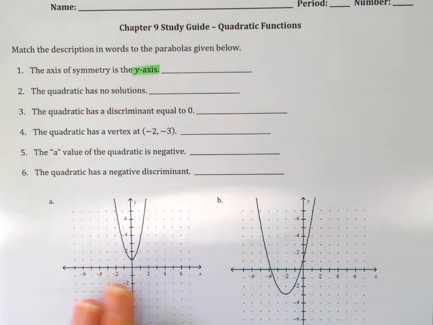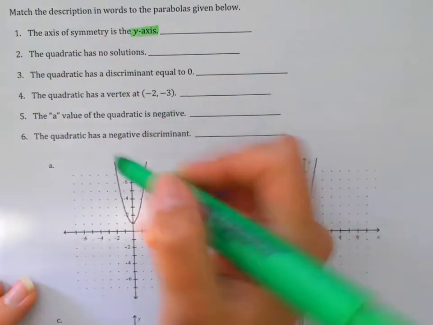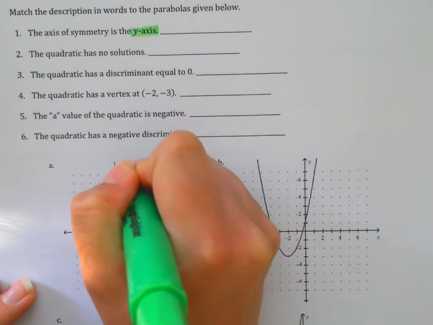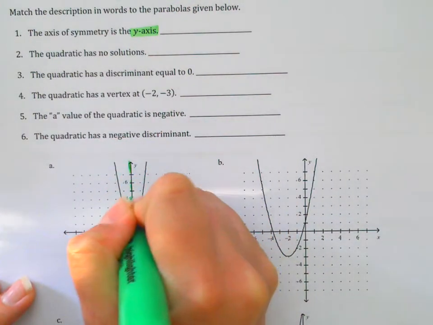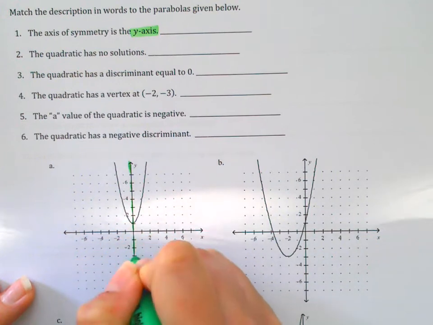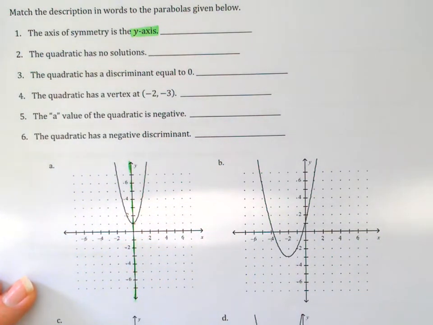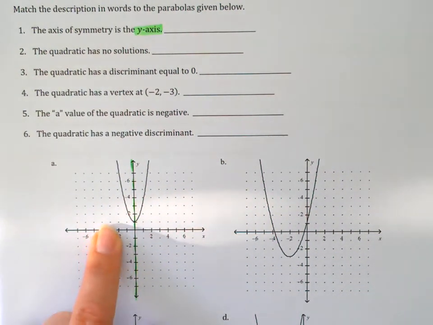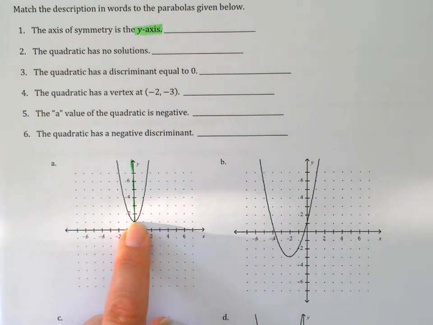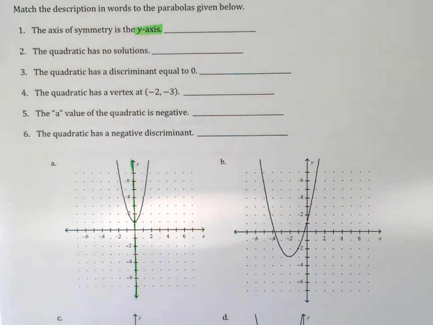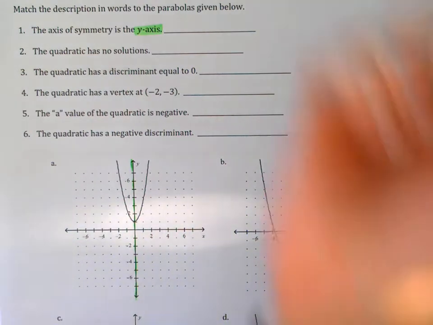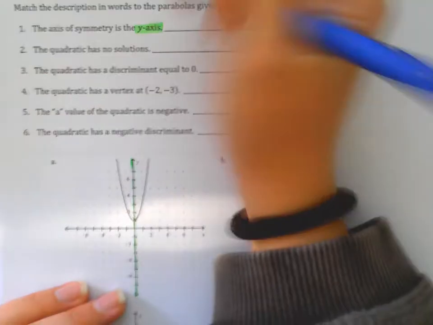And actually, if you notice, the y-axis cuts that parabola directly in half. And not to mention, it cuts right through the vertex, which we know the axis of symmetry always cuts through. So in this case, the answer is A.